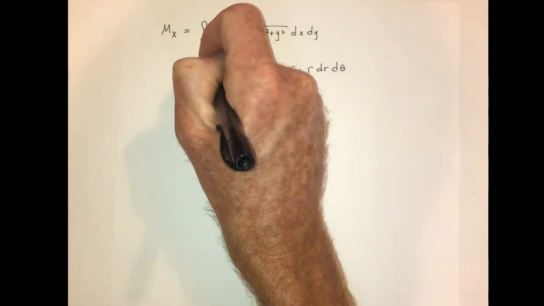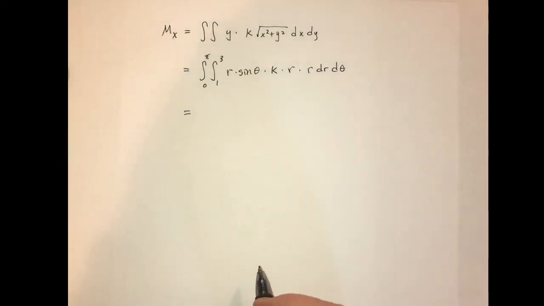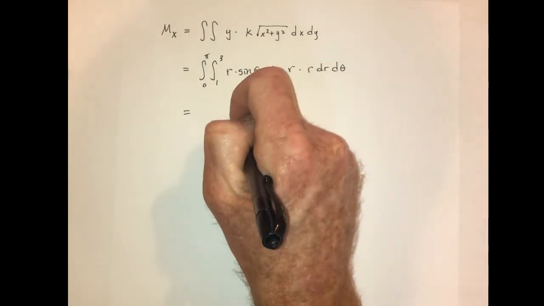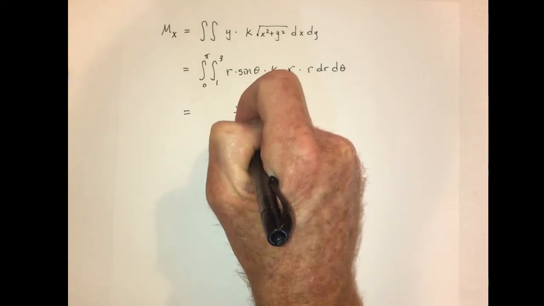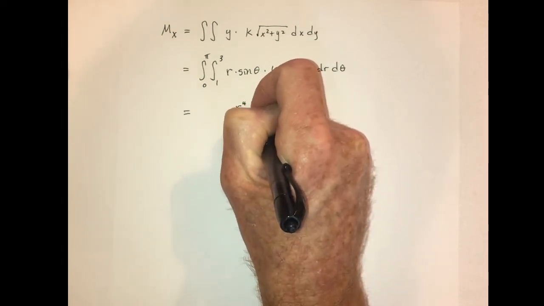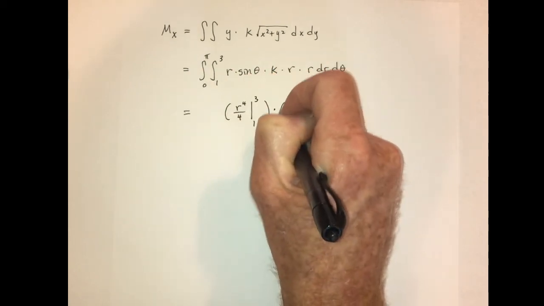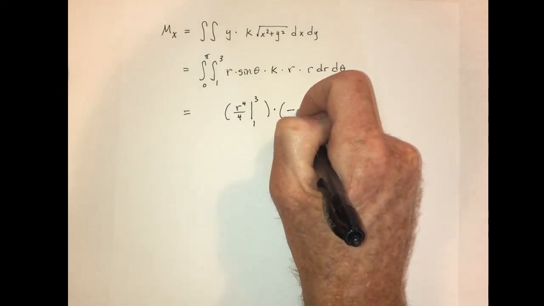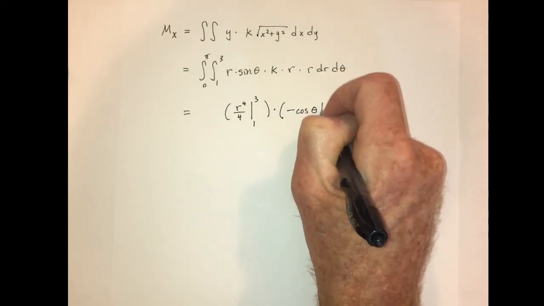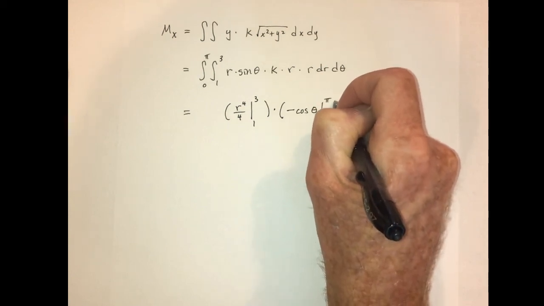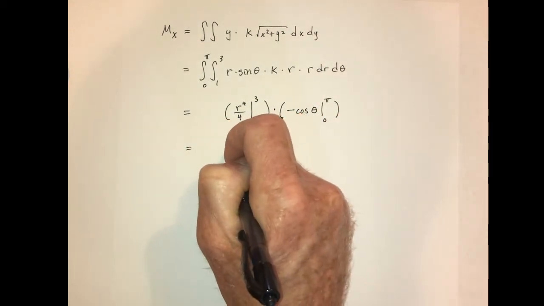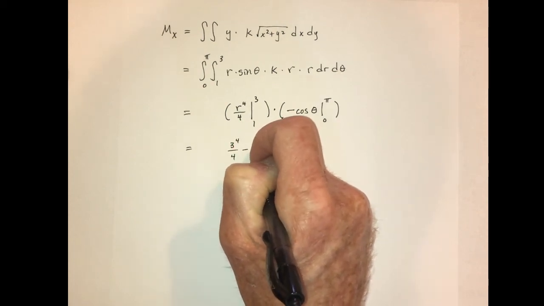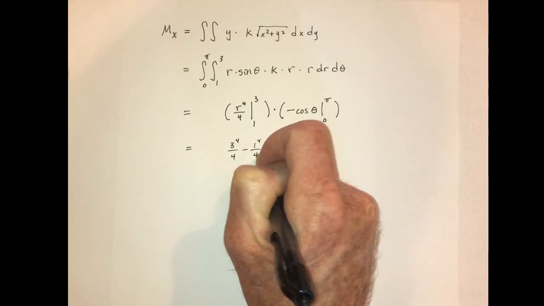And of course, there are the same limits. So once again, this is r cubed, so the antiderivative is r to the 4th over 4, evaluated from 1 to 3. Then the antiderivative of sine is negative cosine, evaluated from 0 to pi. So this one is 3 to the 4th over 4 minus 1 to the 4th over 4.